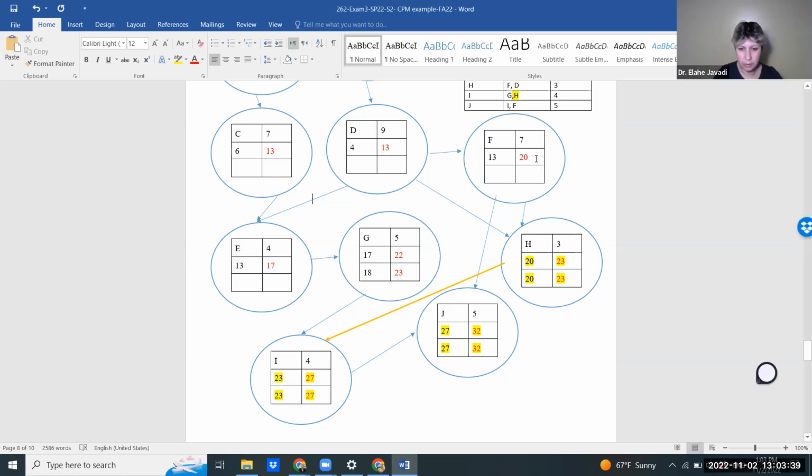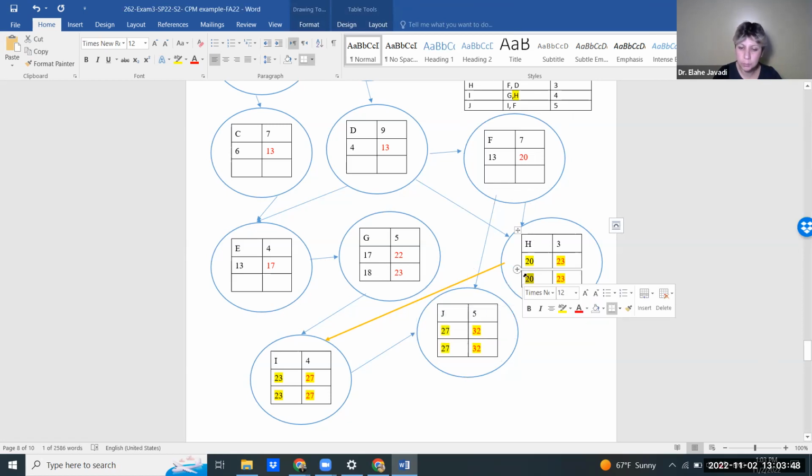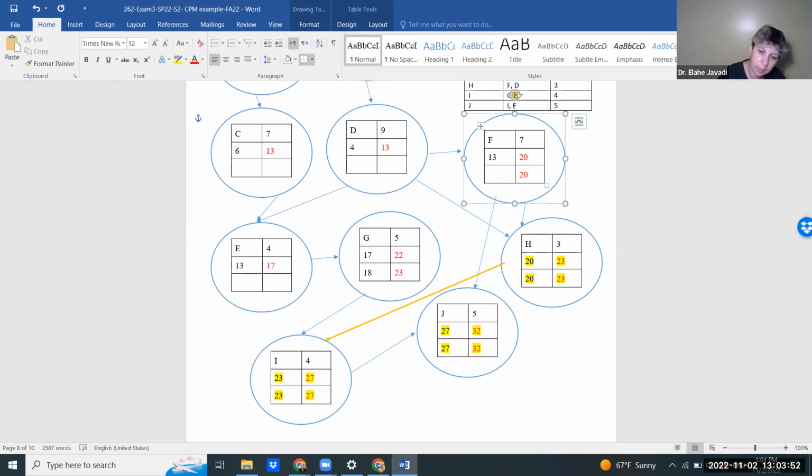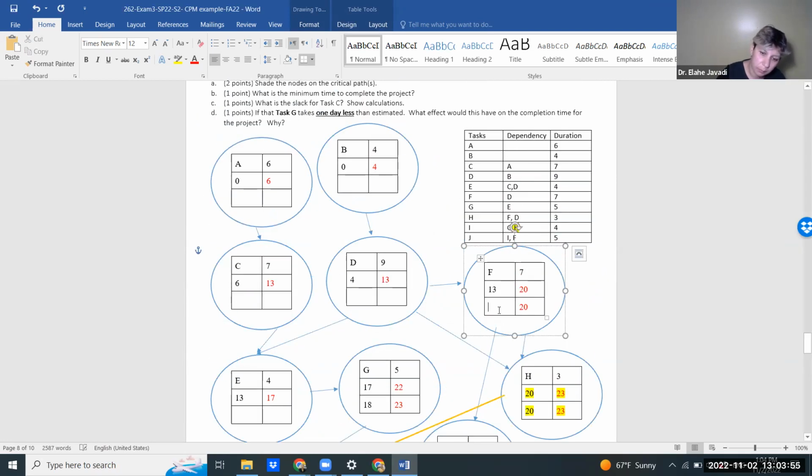So you're on F, yes. F depends on H and J. One of them has latest start of 27, one of them has latest start of 20. You get the smaller number. Good job, Genesia. That's 20 minus 7, that's going to be 13.